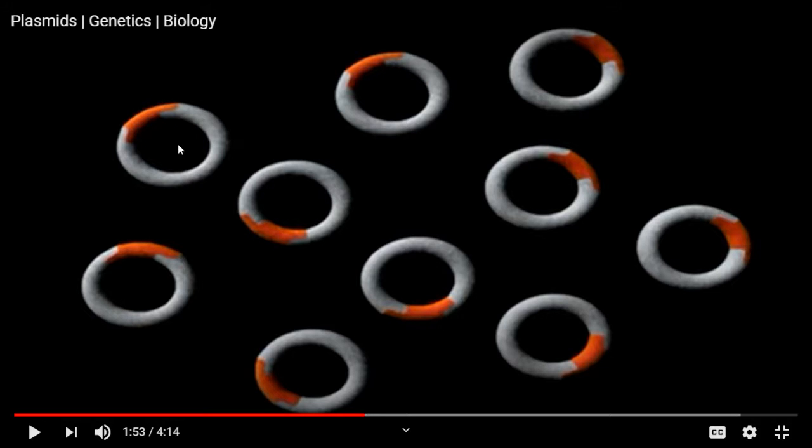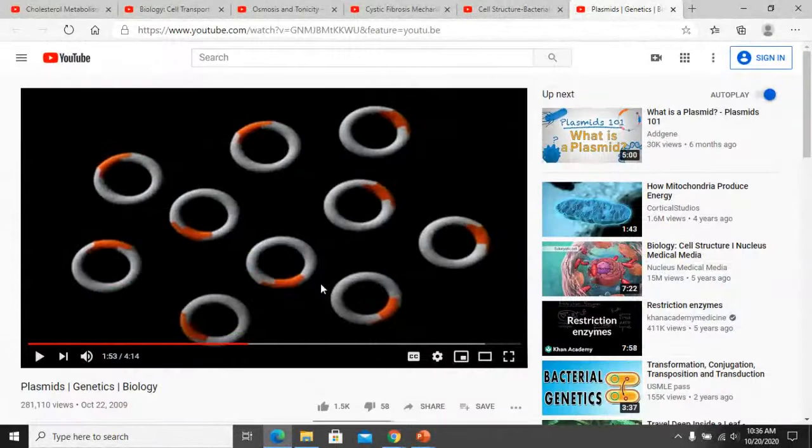Therefore, nowadays we're using bacterial plasmids to genetically engineer the production of human insulin, and human insulin obviously will not cause the same problems that animal insulin causes.